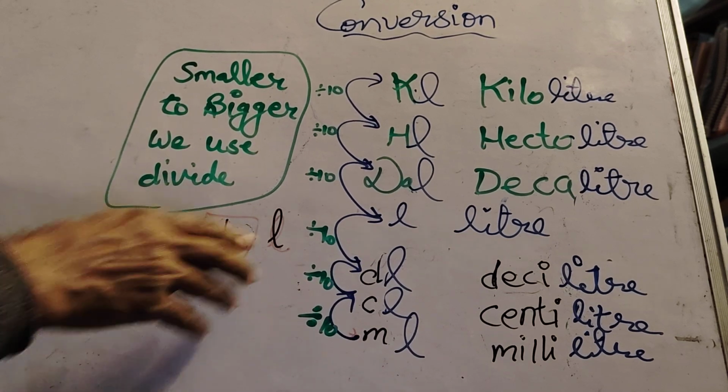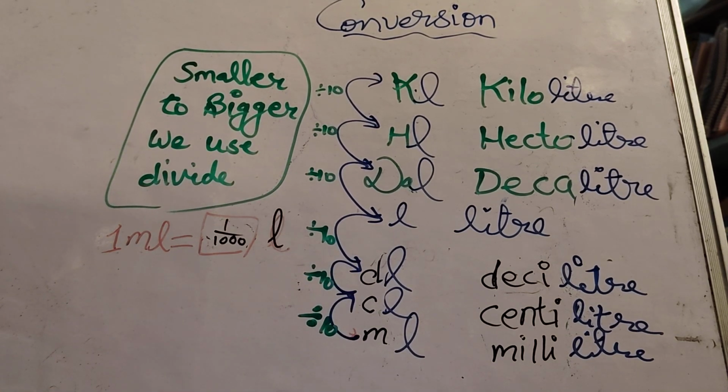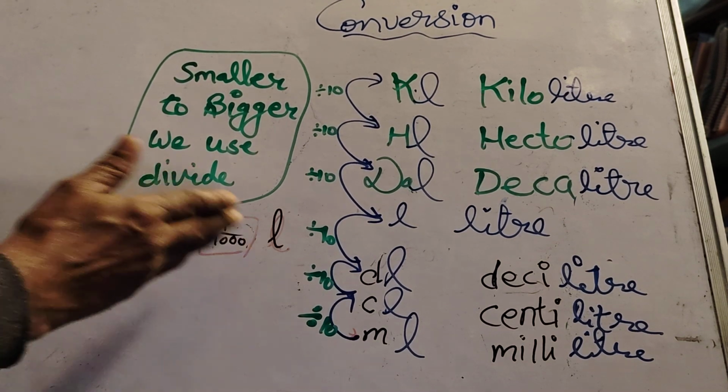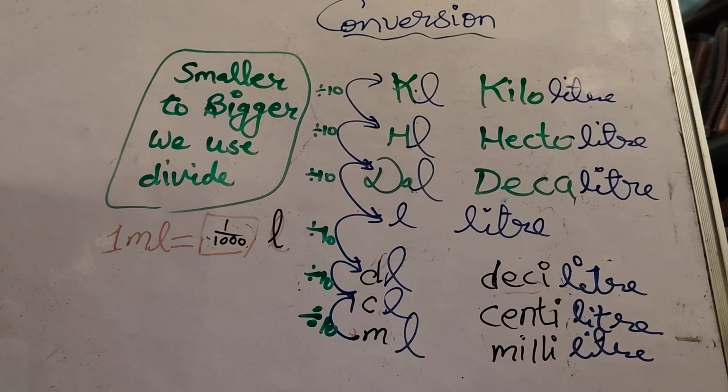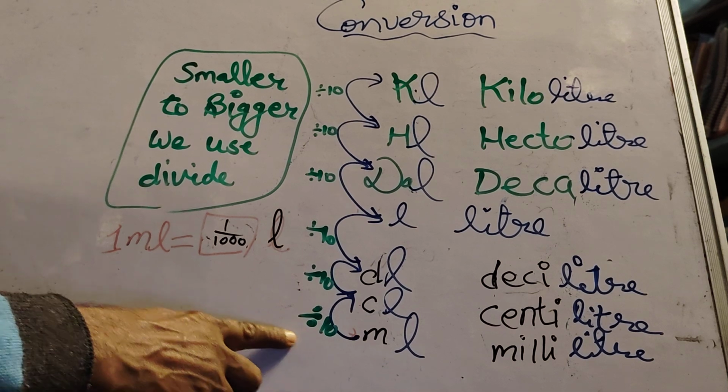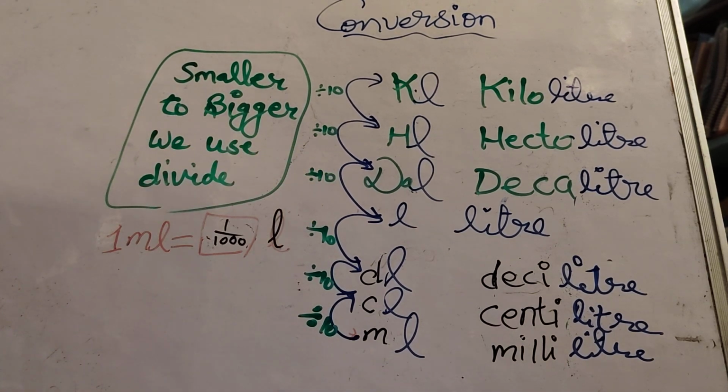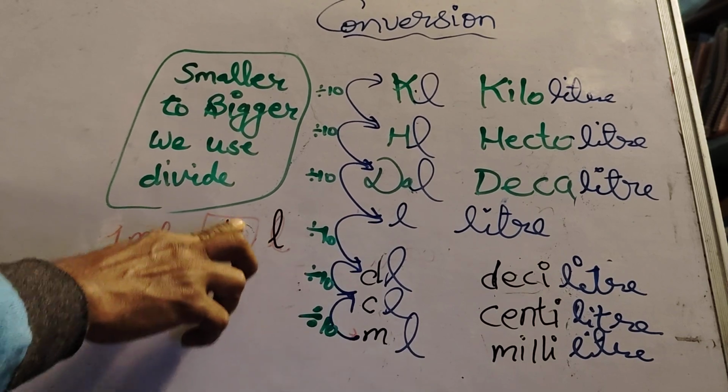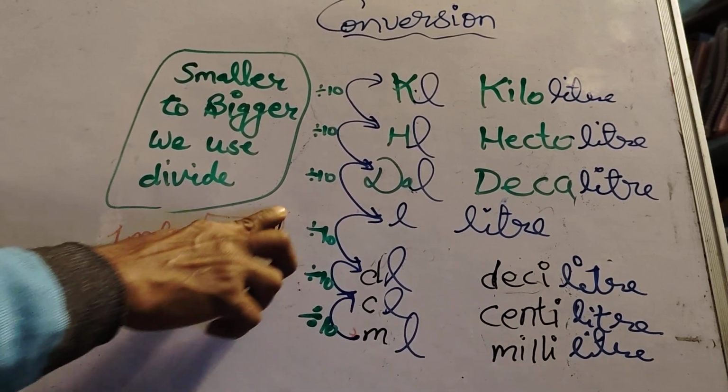In divide type problems we use them in the denominator. In multiply type problems we write only multiply, or 1 followed by how many zeros. So 1 milliliter equal to how many decaliter?